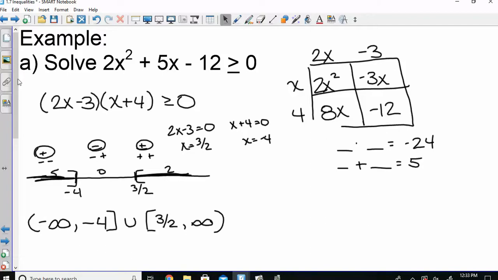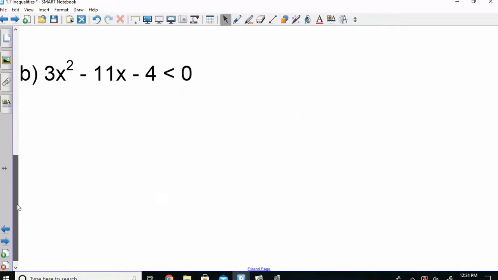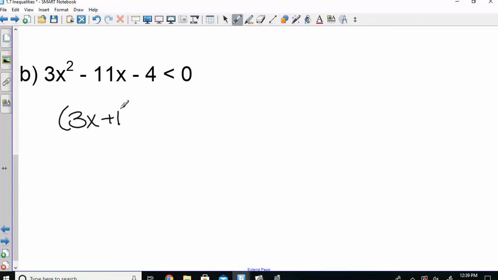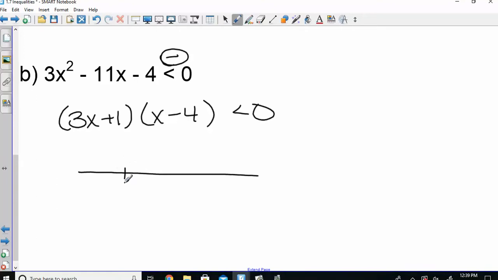All right. Why don't you guys try the next one on your own? And you got 3x plus 1, x minus 4. Less than 0 tells us we are going to want when this graph is negative. If you set it equal to 0, that one's a negative 1/3. This one was a positive 4.